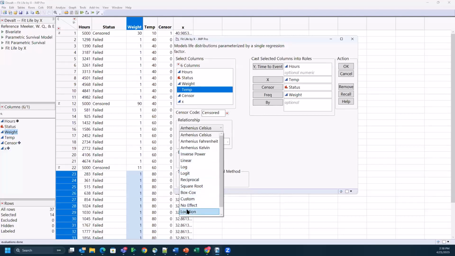We've got a lot of other options that can be selected depending on what model fits your data the best, and that requires some subject matter expertise to figure out. I'll leave that for today. So we're going to stay with Arrhenius and Celsius, and I'm going to say OK.